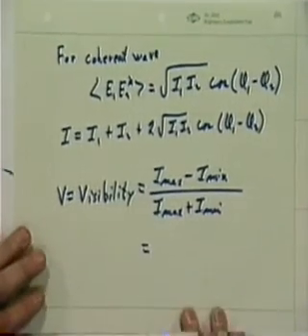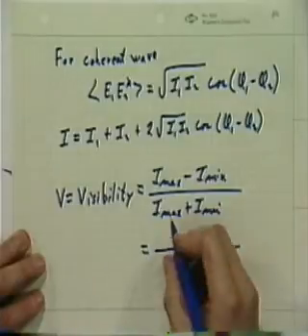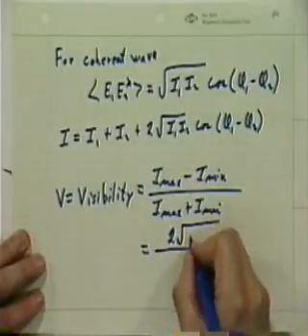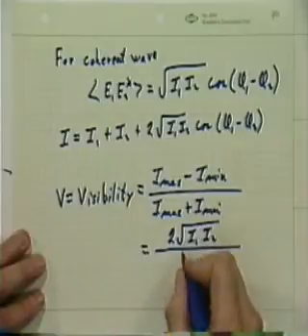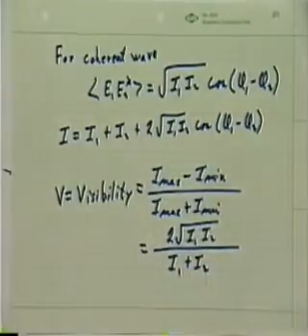And we had from previous class, I mean, we can calculate it pretty easily, that that's simply 2 square root of I1, I2 over I1 plus I2. So that's a case that we've had before for coherent light.